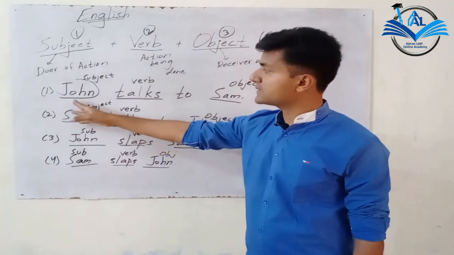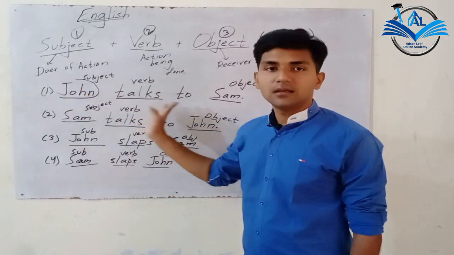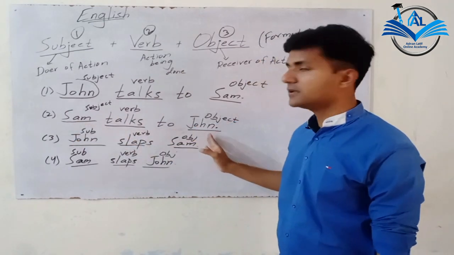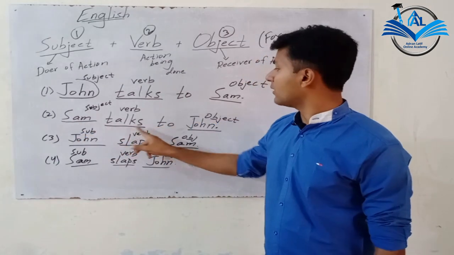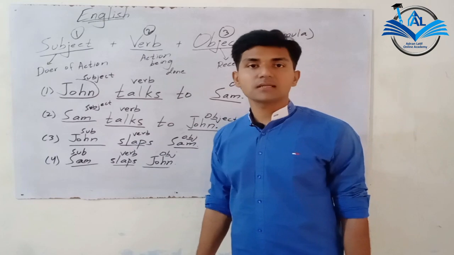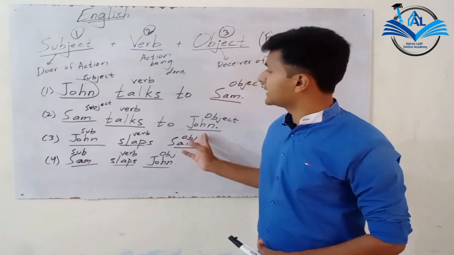In the first sentence John is in the beginning and Sam is in the end. So here Sam is in the beginning and John is at the end. So here Sam talks to John. Sam talks to John. So here Sam is subject and John is object.